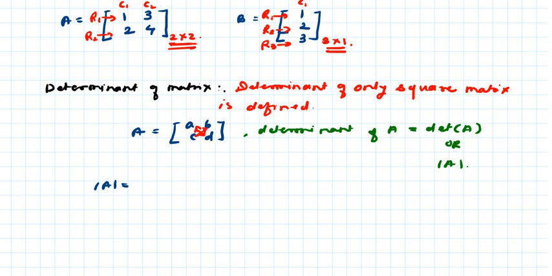So the determinant will be a into d minus c into b. This will be a number that is called the determinant of the matrix A.